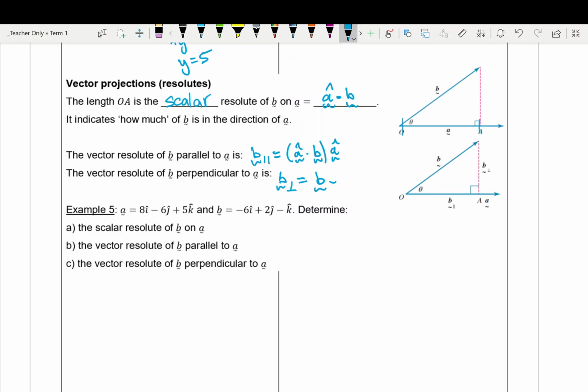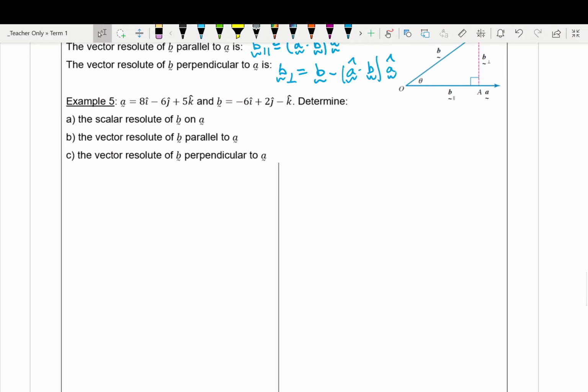So going from A to that point up there, all we're doing is taking B and then subtracting B parallel. That gives us a resultant, so that's going to be minus A hat dot B times A hat. So it's B take the vector resolute parallel to A.